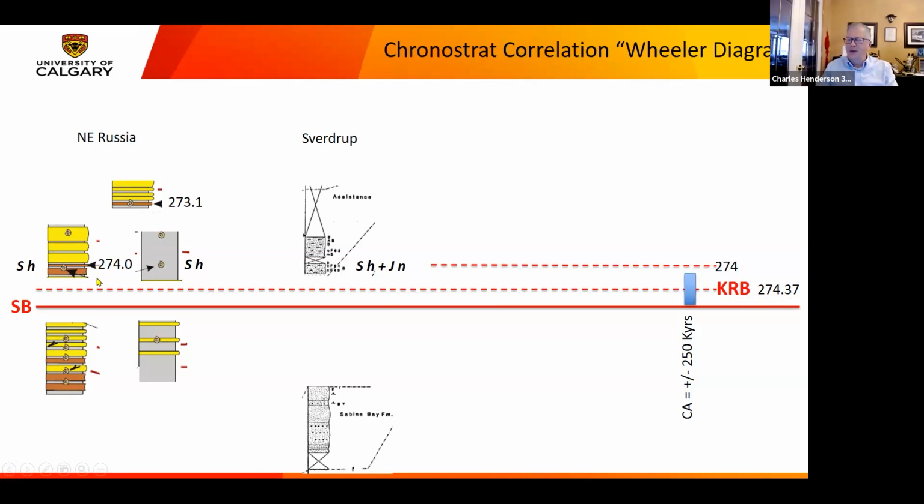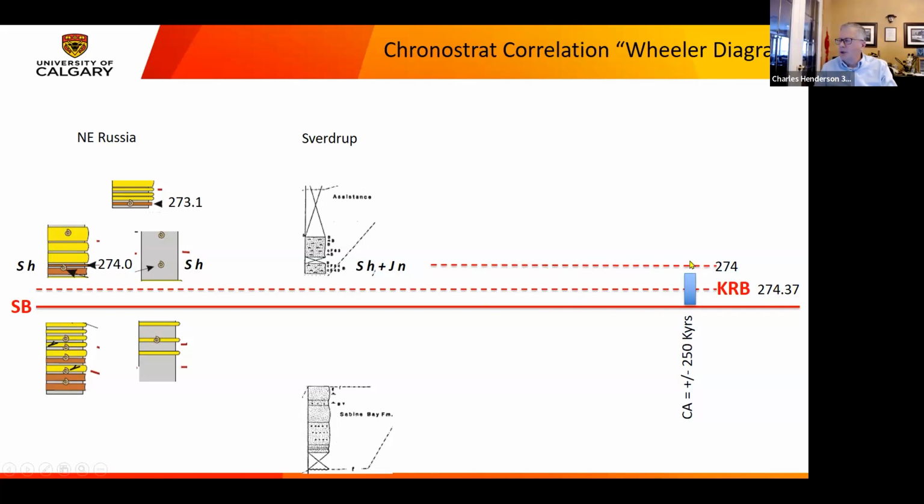I said, it's a good date. And we do have important conodonts and that same ammonoid in the Canadian Arctic. So I said, we should place those just a little bit, that they would indicate that the Kungurian-Rhodian boundary would be just a little bit below that. And so the interpolation came out at 274.37.